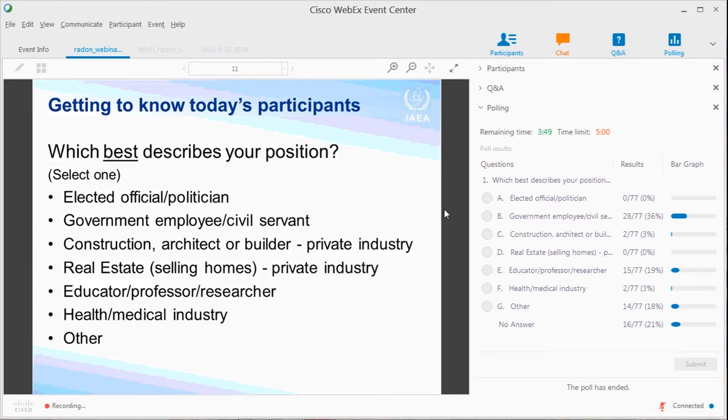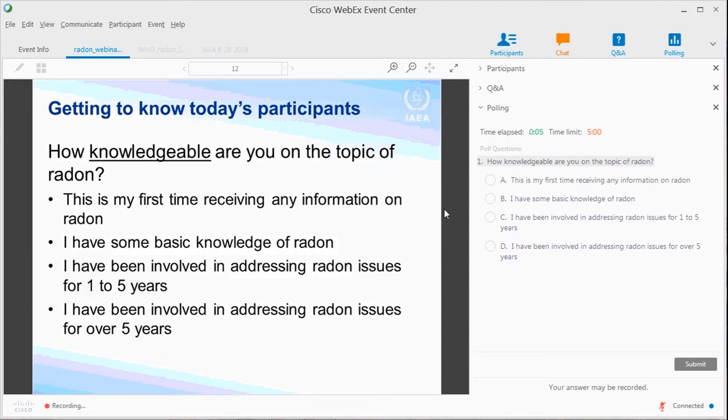All right, so we're going to move on to our next question. Again, we may have some newcomers, so I'd like to know, are you receiving information for the first time? Do you have some basic knowledge? Have you been involved for 1 to 5 years, or maybe you've been involved with radon issues for over 5 years?